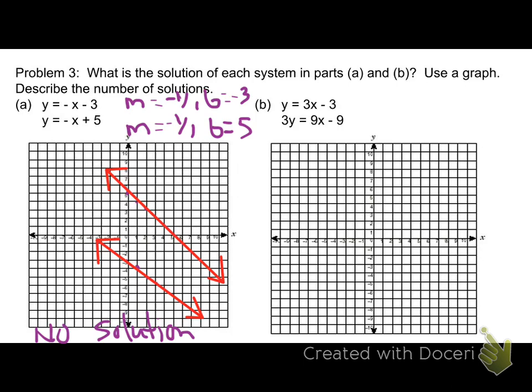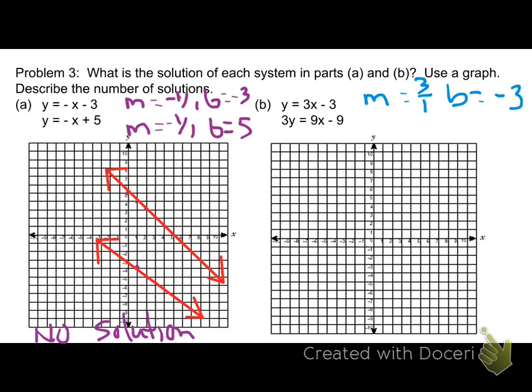Okay. All right. Take a look at problem 3B. y equals 3x minus 3. You can tell us the slope. 3 over 1. Who can tell us the intercept? Negative 3. Very good.